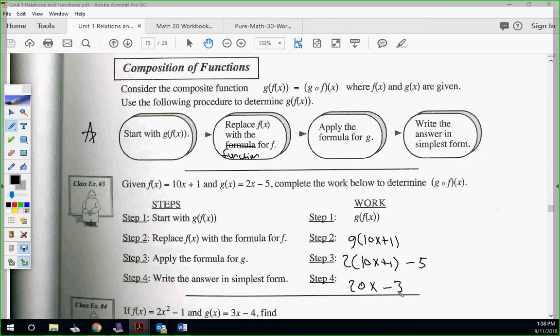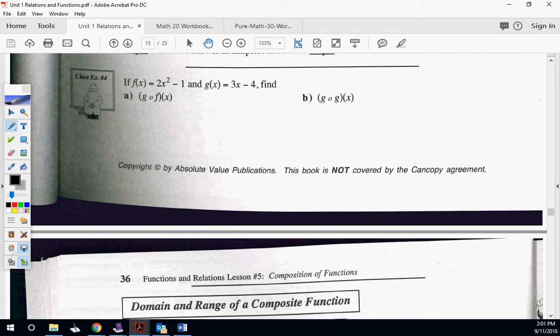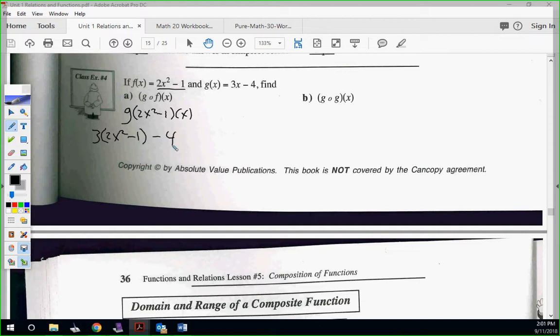Okay. So example 4, we're doing g of f and g of g. So that means you're plugging it back into itself, which you also can do. So g of f, we're going to rewrite it. So that's going to be g of 2x squared minus 1. So I entered the f of x there. Now I want to plug that in. 3 times 2x squared minus 1 minus 4.